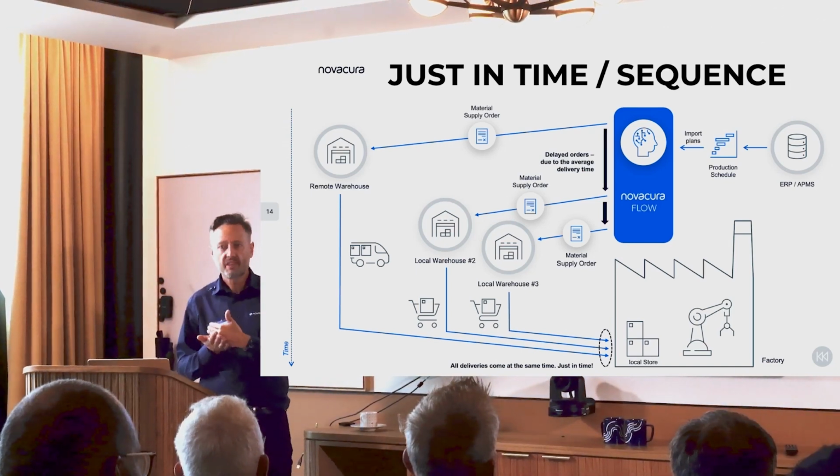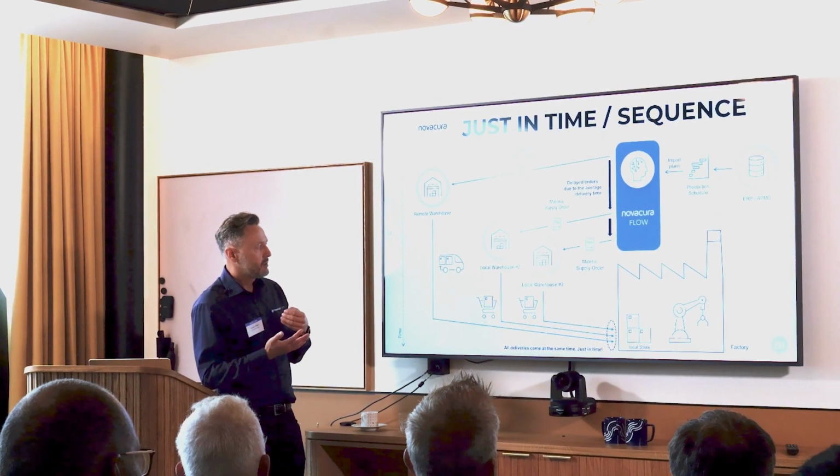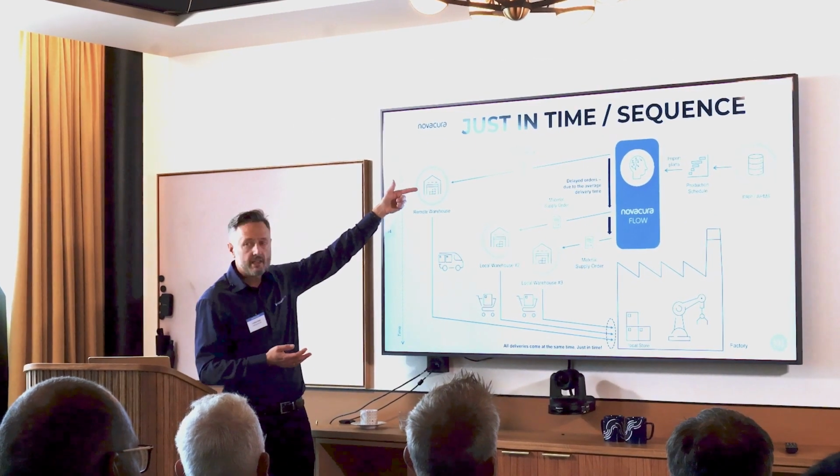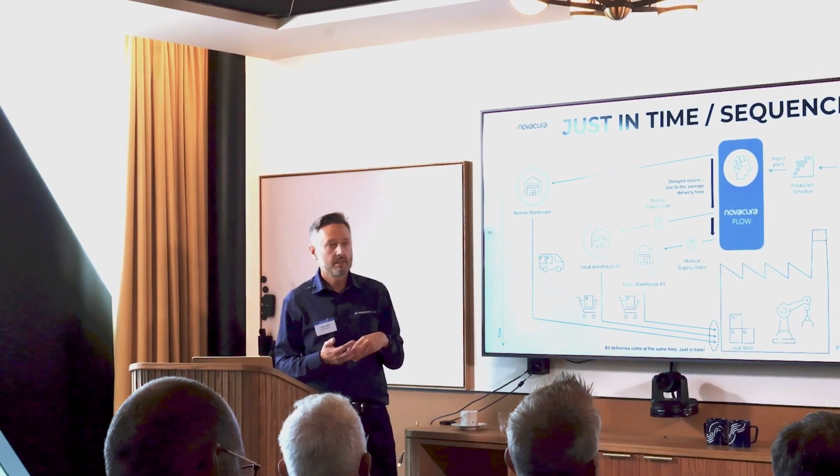You really need to be on time with all these deliveries. And how to schedule and organize it properly if this warehouse is maybe located 10 kilometers or miles away from that manufacturing facility?